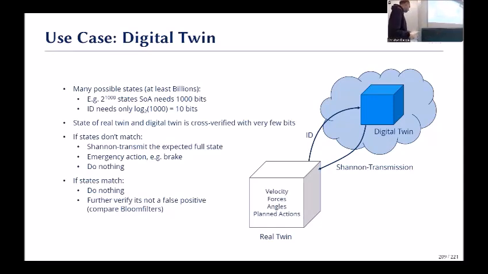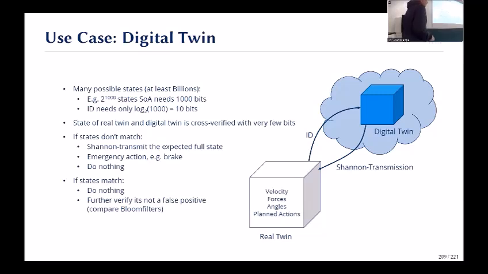And how should we do this? So, for example, if we have many possible states of the system, let's assume that these are 2 to the 1,000 states.